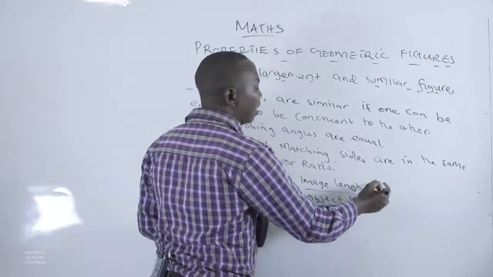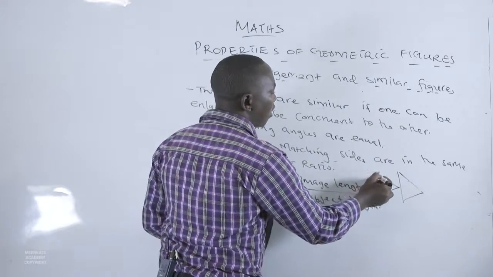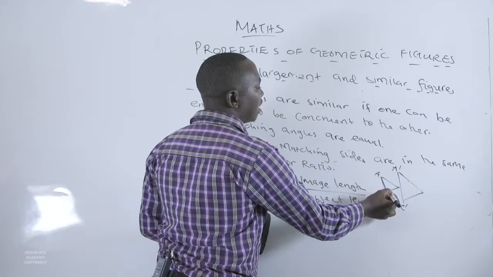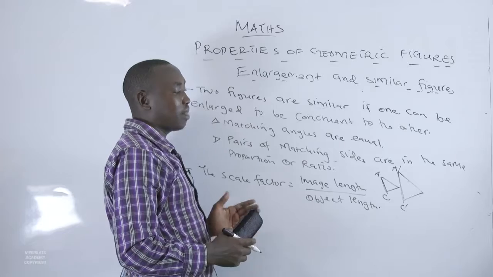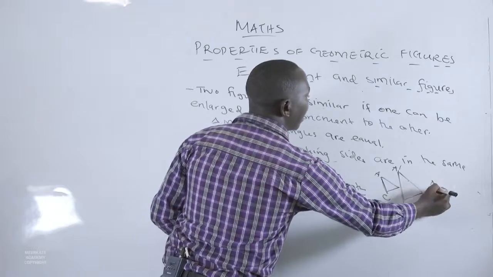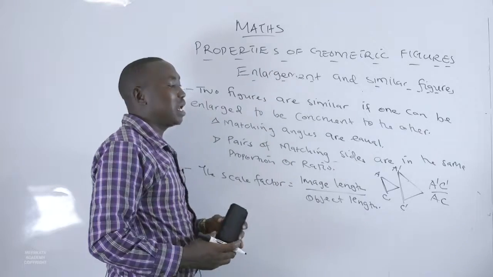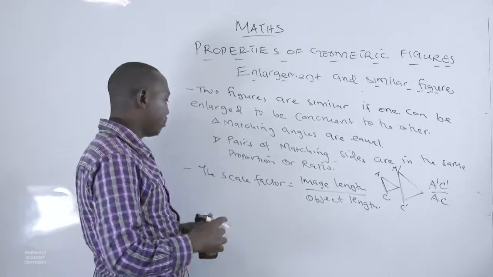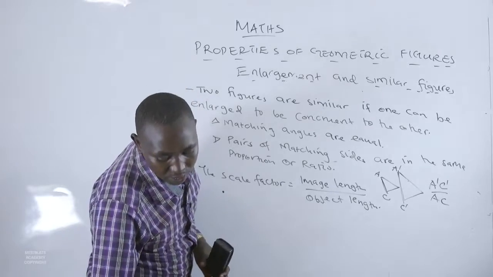You can recall our two similar triangles where we said this is AC, this is A prime C prime. So you can say that these pairs are matching sides, and therefore for us to get the scale factor, you will take A prime C prime, which are matching, all over AC, which is the length of the object, and of course it should be equal to the other pairs of matching sides. Now here, there are three things that we need to note.